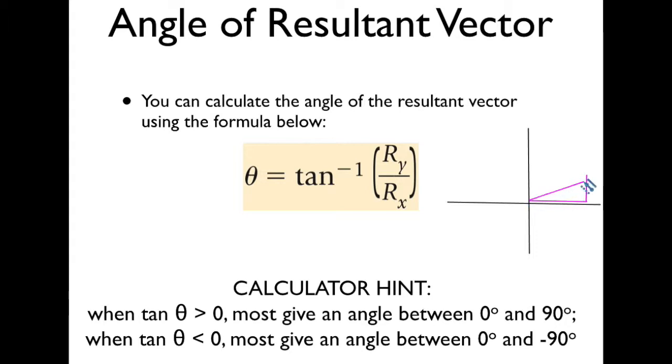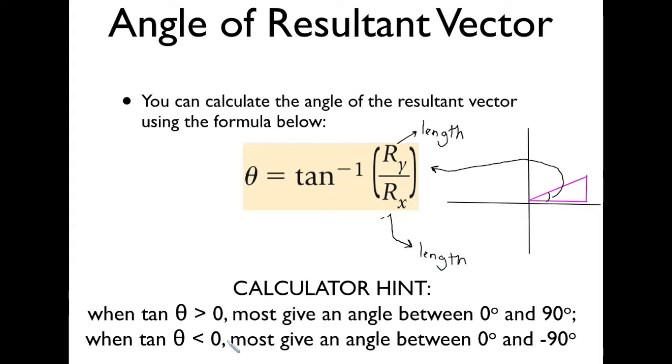And then we were going to find this one right here. In order to find this angle, this formula is for that angle. And this is just the length of R, the length of your y component, and then the length of the x component.